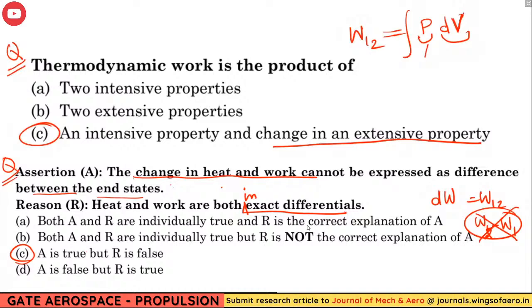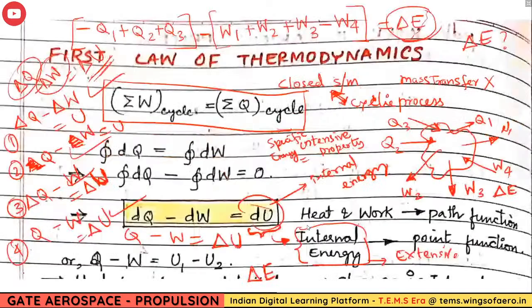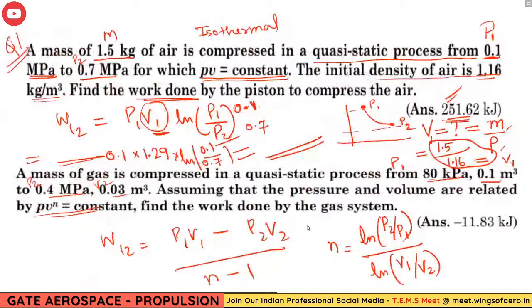GATE, whenever they ask a question, you have to use two formulas. You always have to use two formulas. I guess we have solved one problem here, the first one.